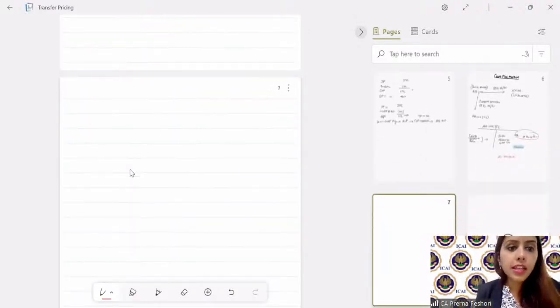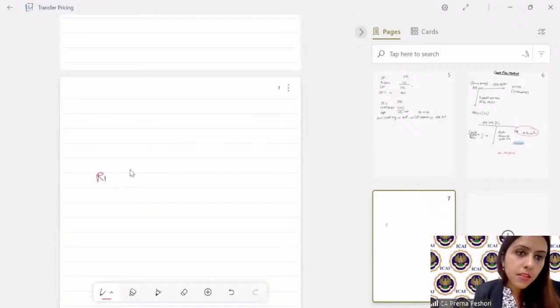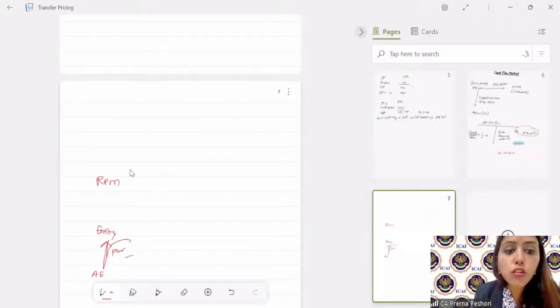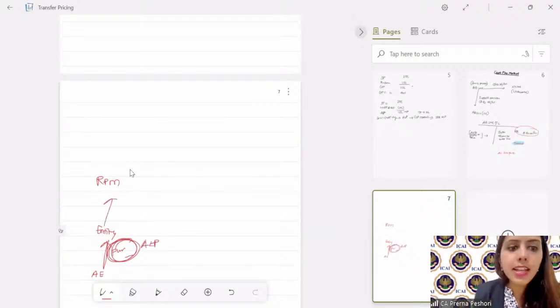So in RPM, the entity is purchasing from the associated enterprise. Therefore, we need to find out the purchase cost, which is the ALP. It is selling to unrelated.